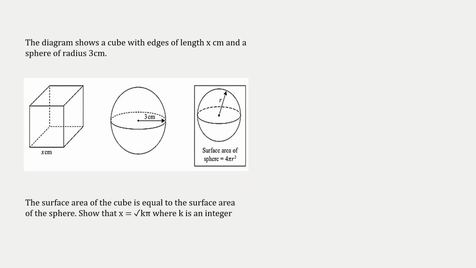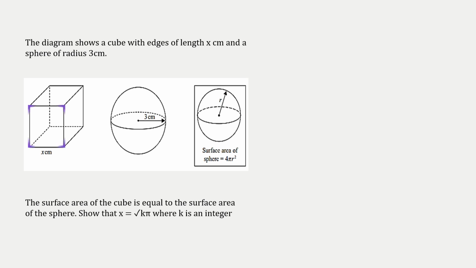let's take an exam-type example, as if this question is given to us in the exam, and we need to find the surface area of the cube and the sphere. I have to leave my answer in the form square root of k pi, where k is an integer.